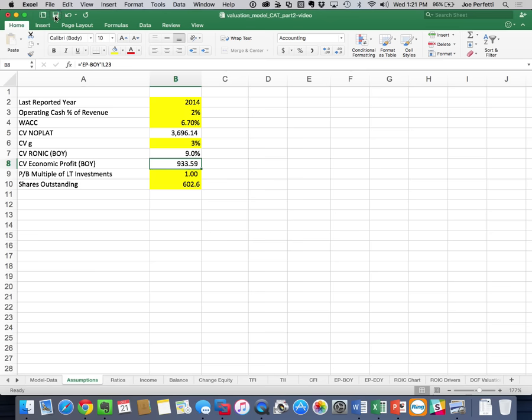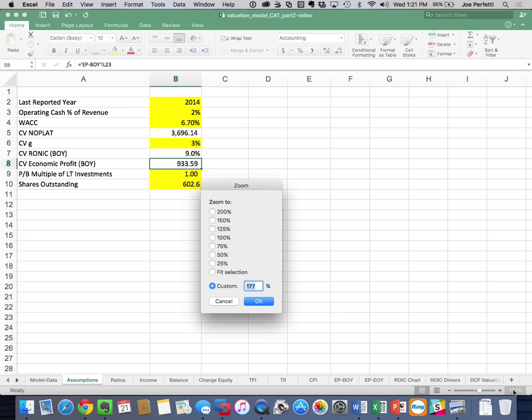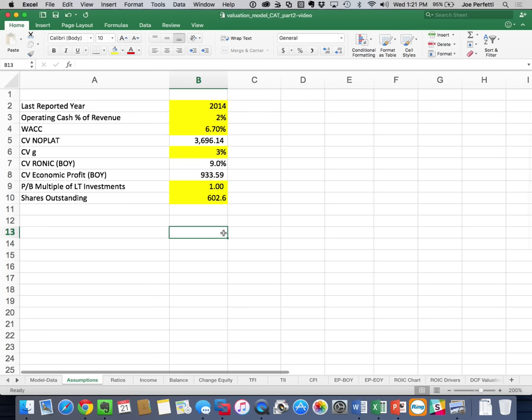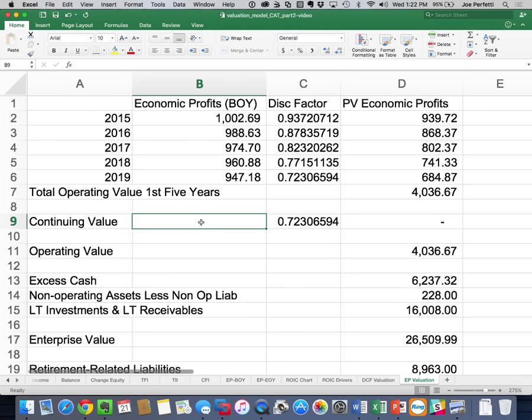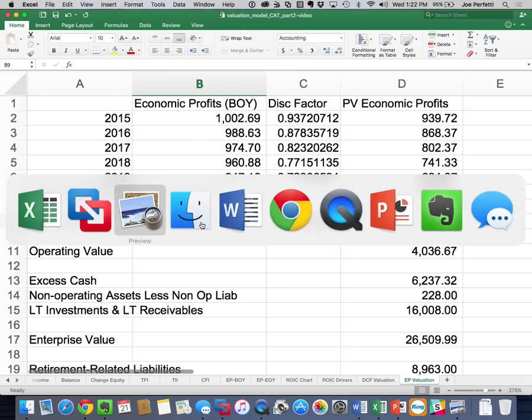Right. So, using the data that's on this page, I'm going to go back to my EP valuation and start putting in this formula.